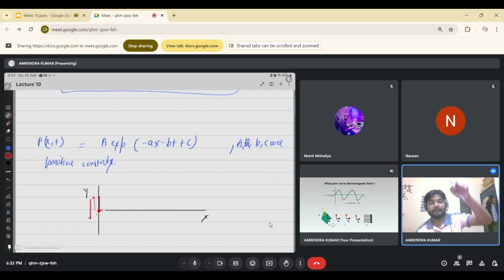Like you take it here, this excitation will be like this. But when you take it back, they drop from here.